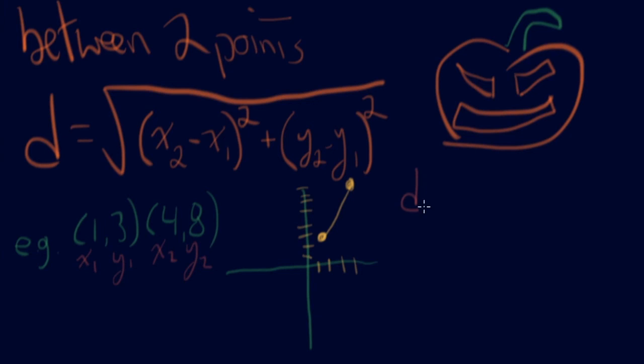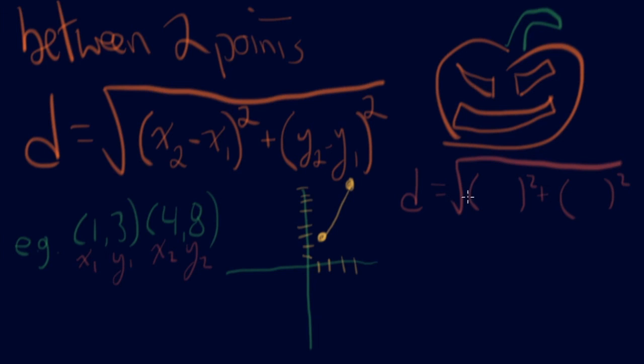So again, distance is equal to, that's a great pumpkin up there. So here we go. We're going to get this squared plus this squared. So it's really saying the difference between the x's and the difference between the y's. That's really what you're doing.